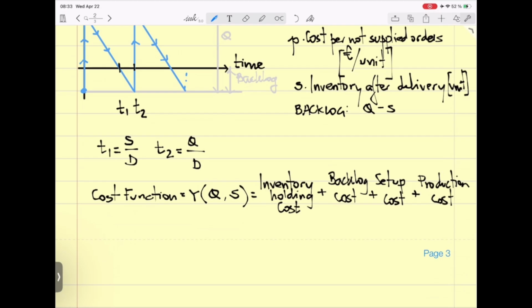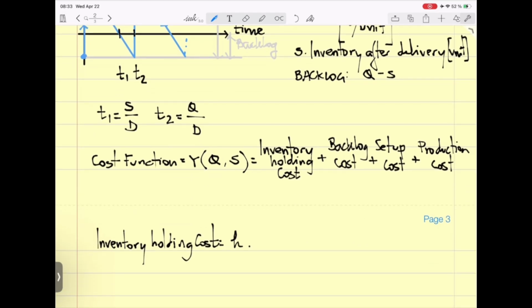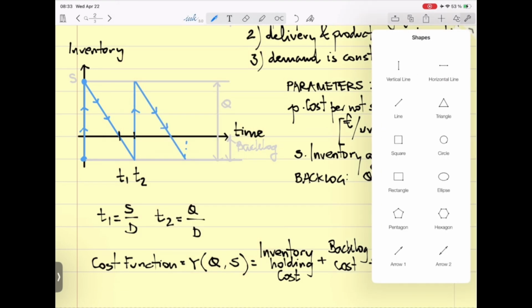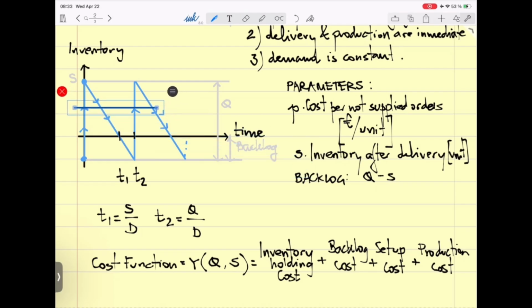So the inventory holding cost equals the holding cost per unit, times the average inventory we have, because now the average inventory is not Q divided by 2 but S divided by 2.